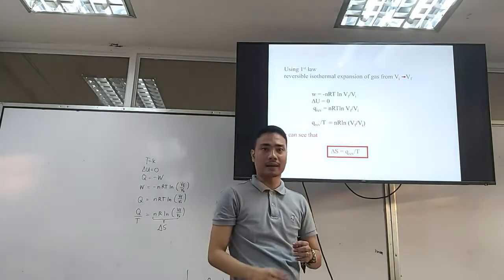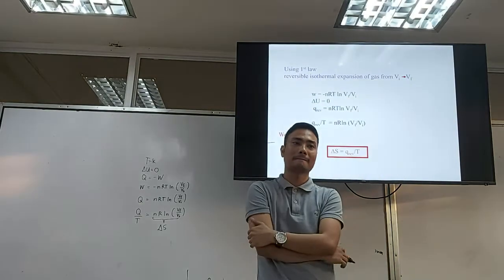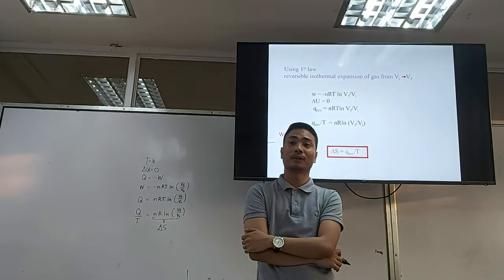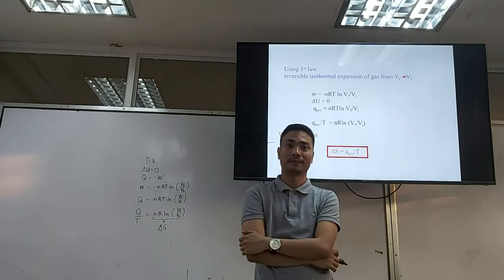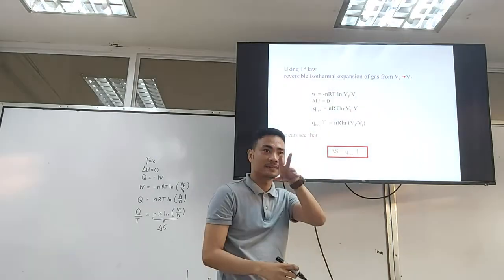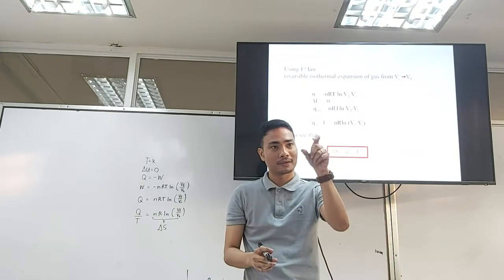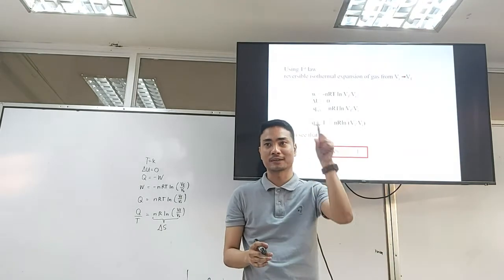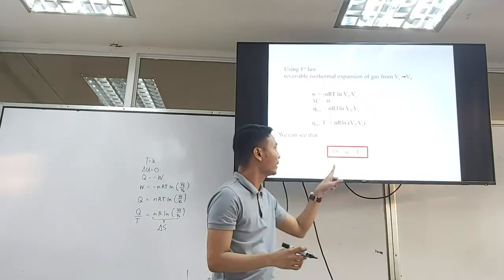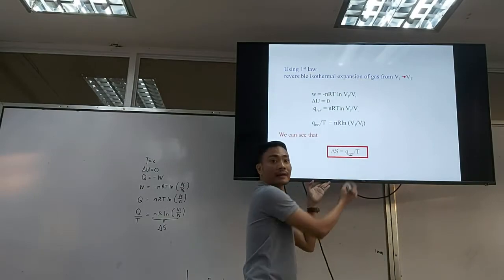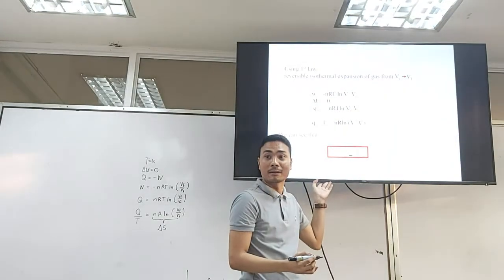Now, we explained bakit sa adiabatic process, delta S is equal to 0. But perhaps, no? Sa Carnot cycle, di ba yung mga processes doon, reversible. This is only applicable for reversible process. Tama?